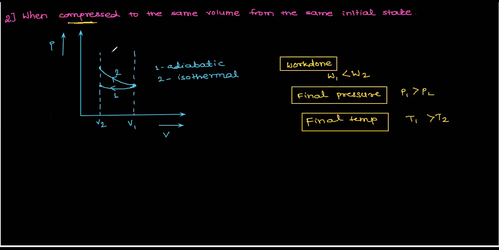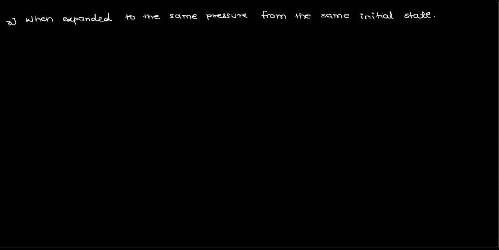This is also expansion once, compression once, at the same volume. And in this third case, when expanded to the same pressure from the same initial state, what is the change? Pressure is the same. In the previous two cases, volume was the same. So how is the graph going to be for this case?